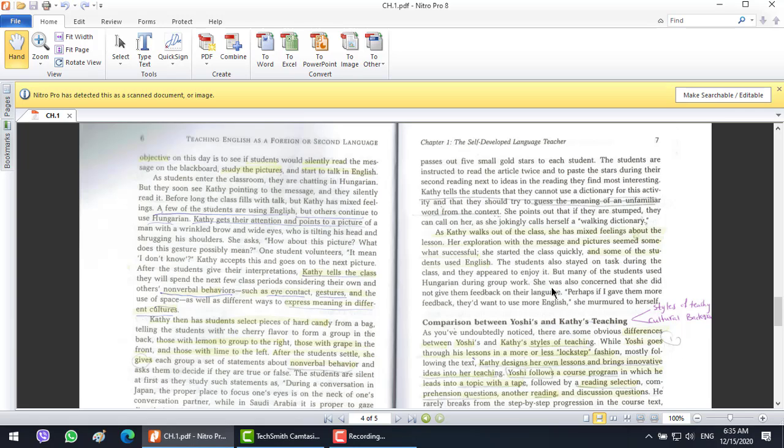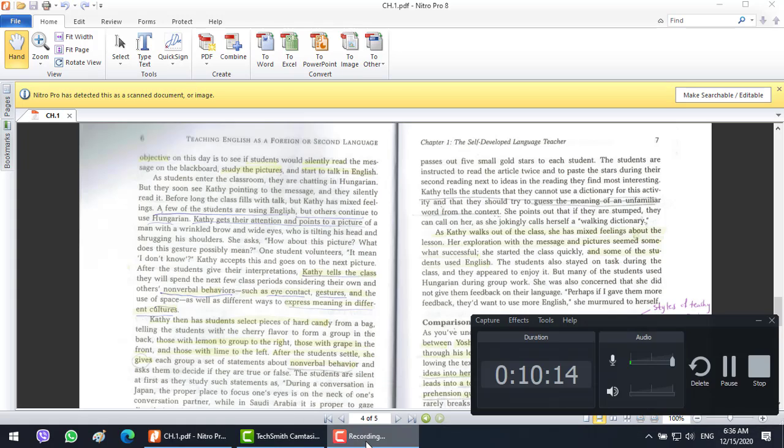She is also concerned that she did not give them feedback on their language. Perhaps if I give them more feedback, they would want to use more English. This is what Cathy tells us.